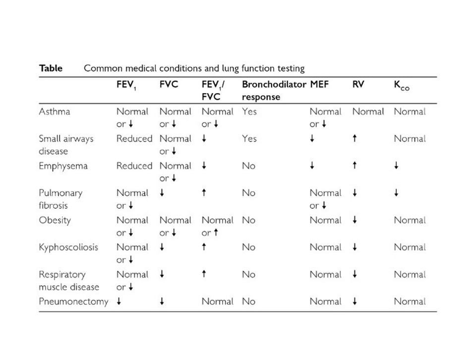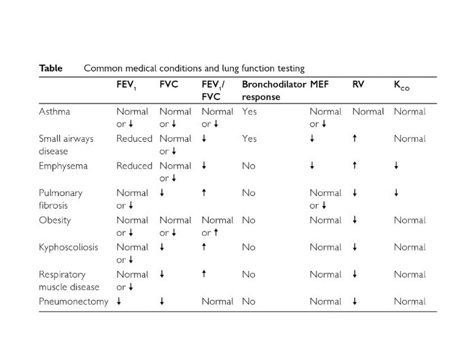The bronchodilator response means when we give a beta 2 receptor stimulator like the one you use in asthma, like Ventolin, which is salbutamol.